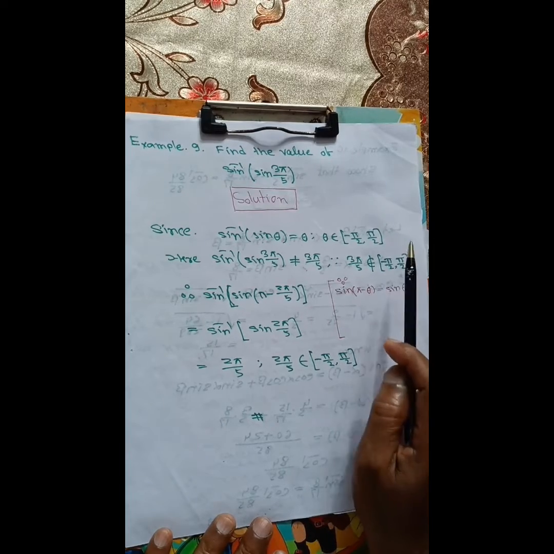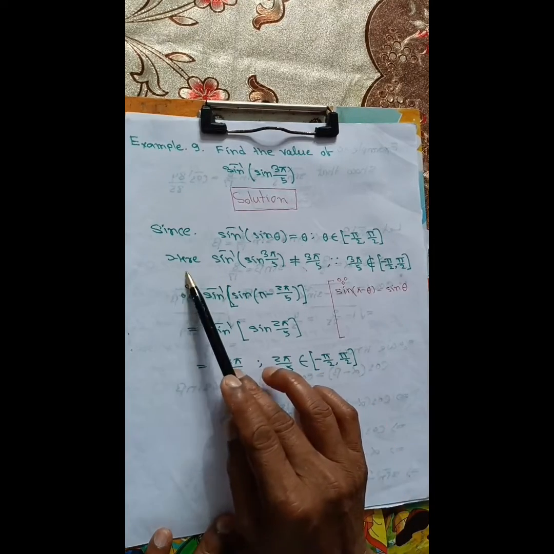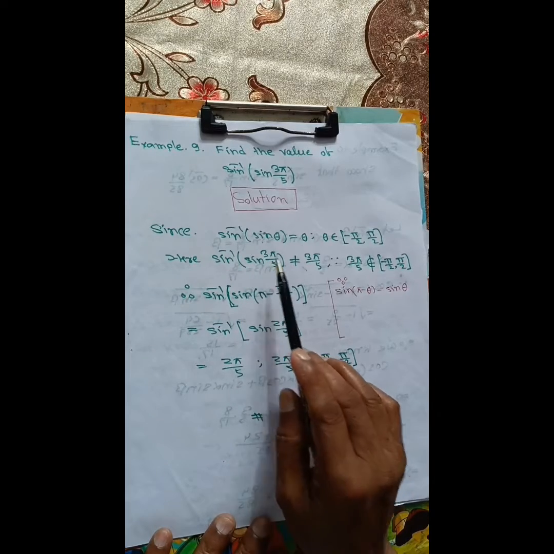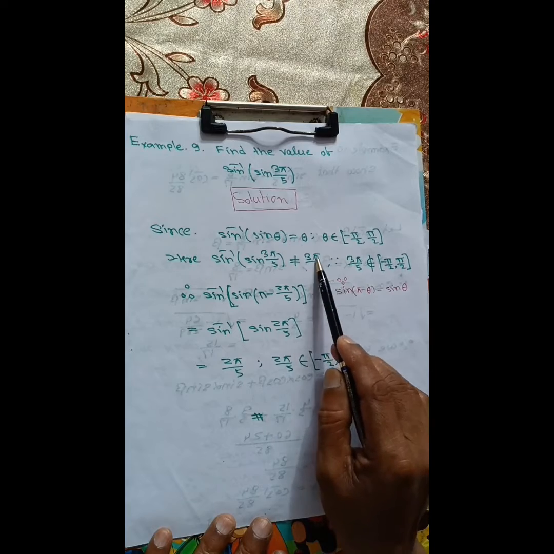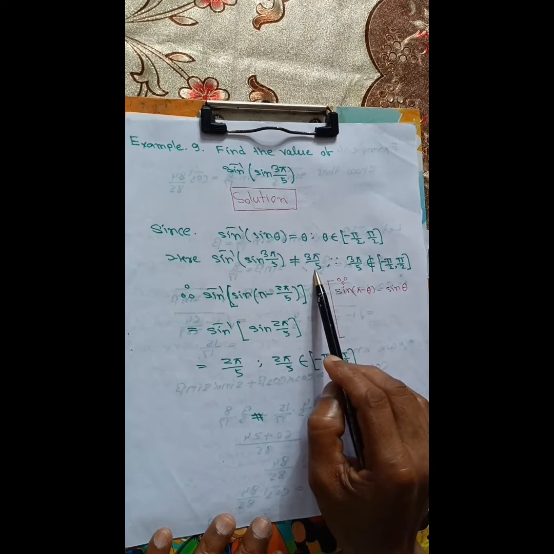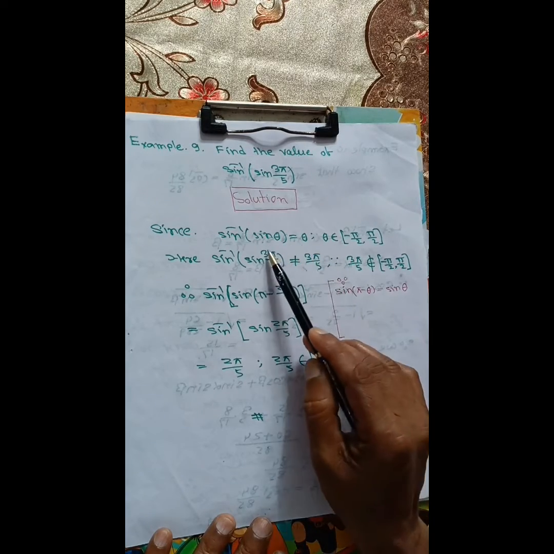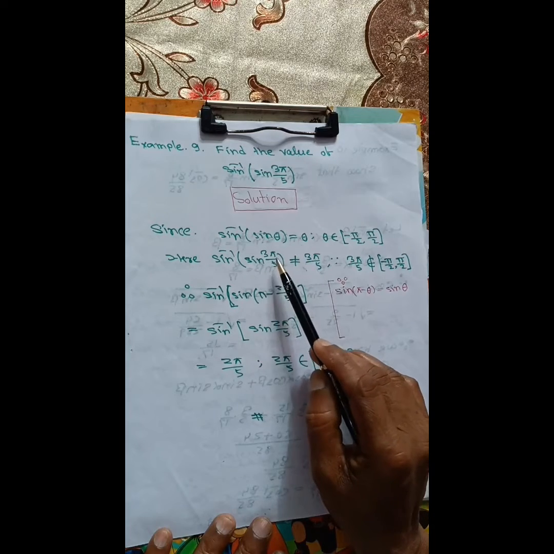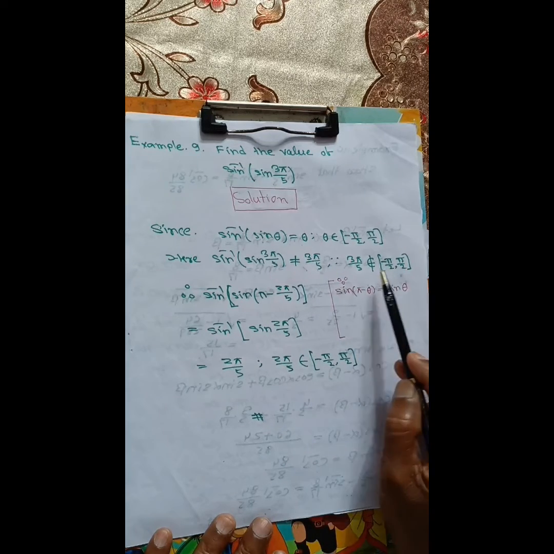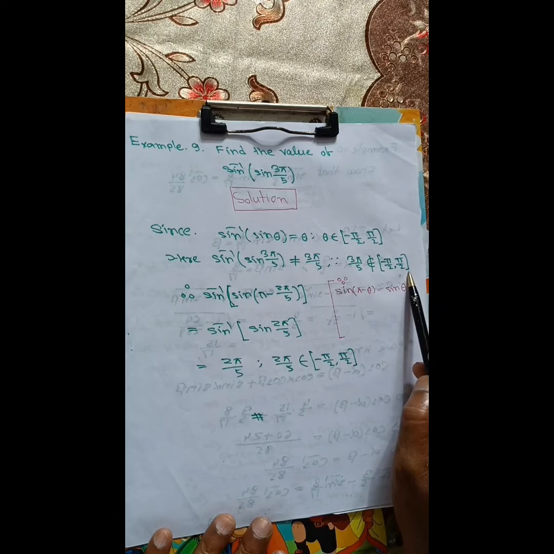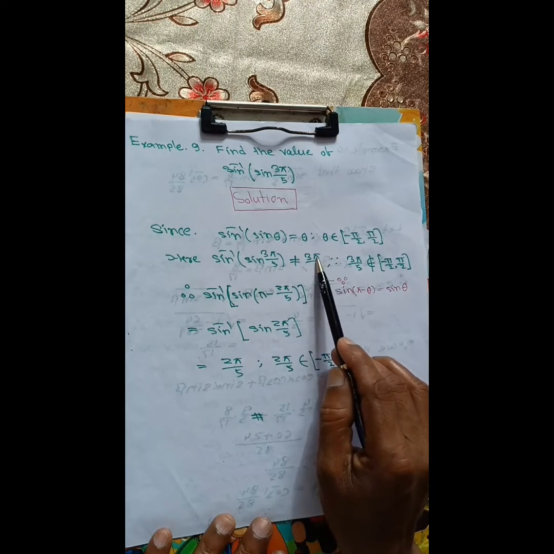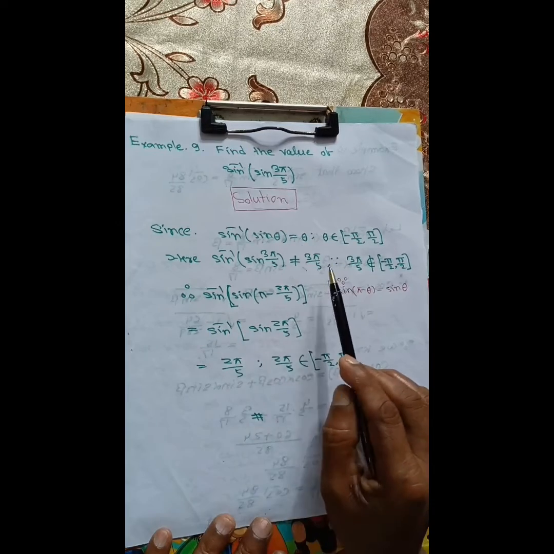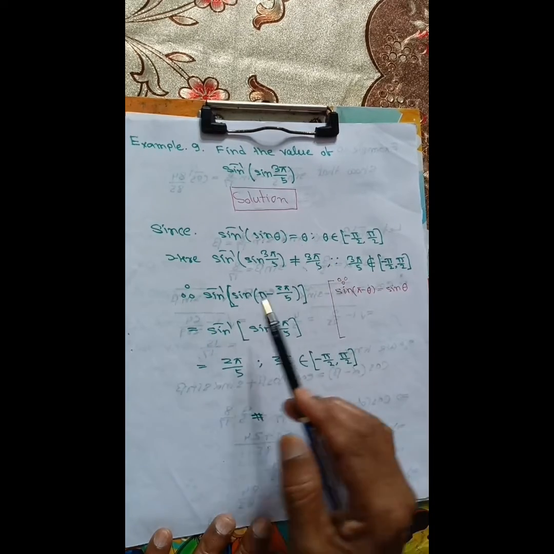But it is देखा जाए that here sin inverse sin thrice pi by 5 is not equal to thrice pi by 5. क्यों? ये एंगल thrice pi by 5 ये रेंज में बिलोंग्स नहीं करता है. So this is not equal to thrice pi by 5. इसीलिए हम क्या करेंगे?